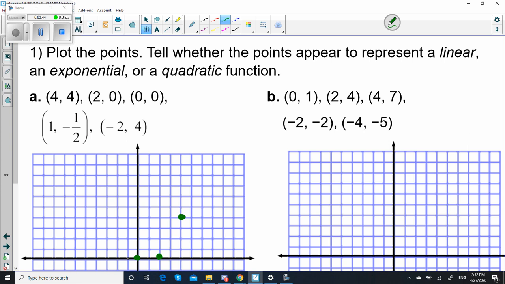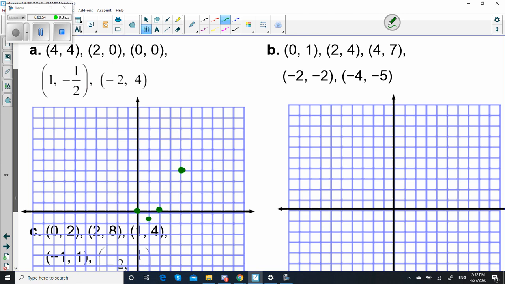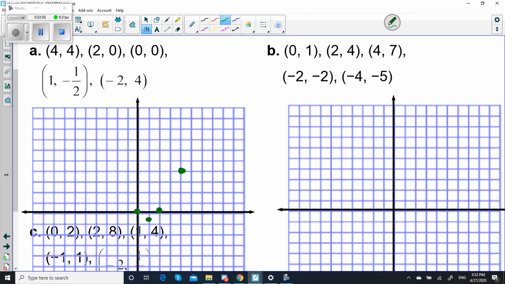And we have (1, negative 1/2), so like right here. And (negative 2, up 4). 1, 2, 3, 4. Oh, that makes a parabola, doesn't it? Here we go. Okay, so this is a quadratic.